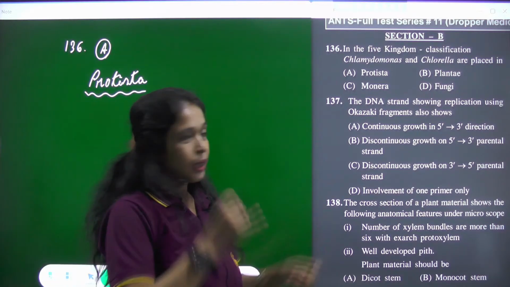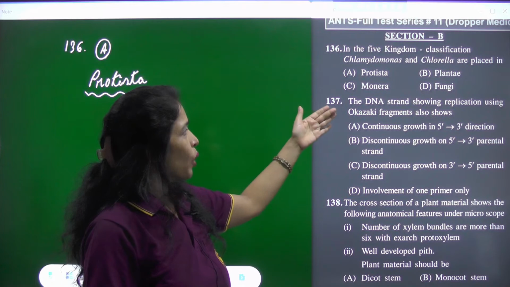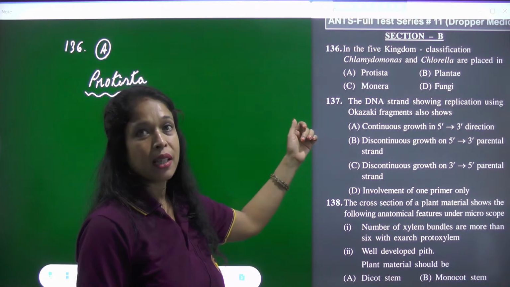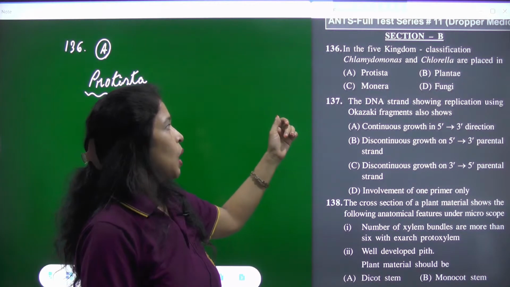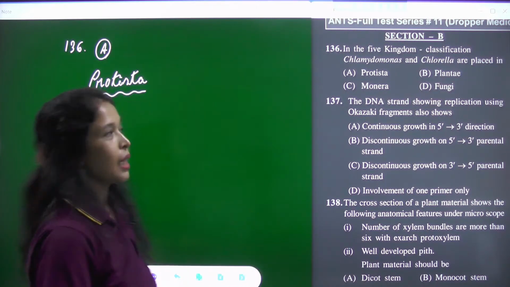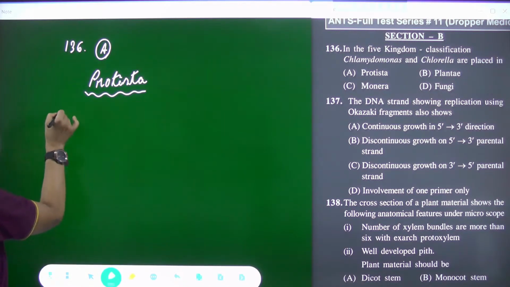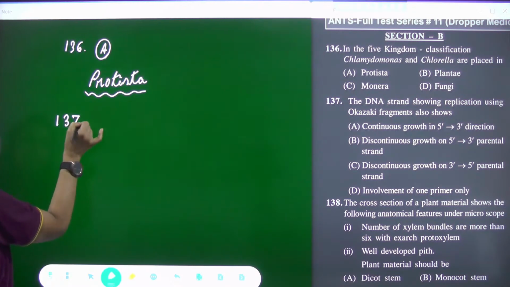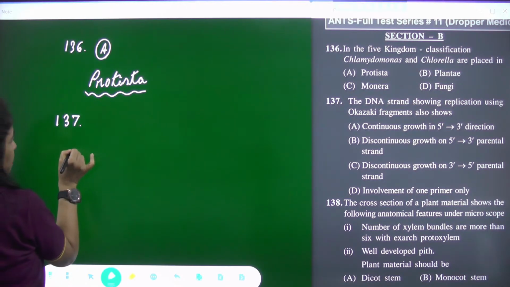Next, 137. The DNA strand showing replication using Okazaki fragment also shows Okazaki fragment, okay? Just a part.